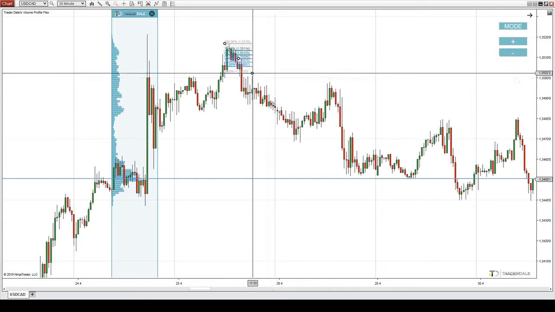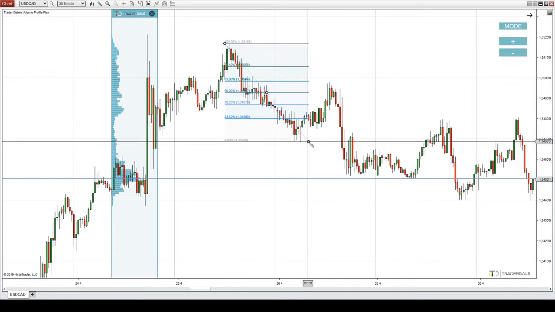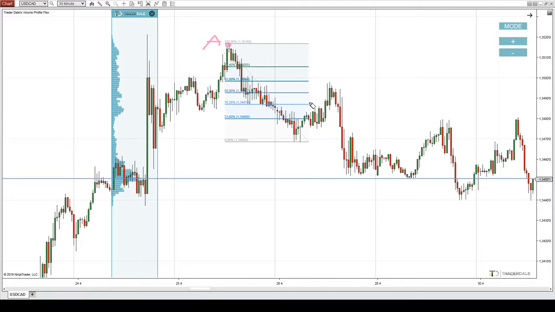So here are nice swing points. In here, swing point A, swing point B, above the 50%, there's swing point C, it is in here, this is a swing point.